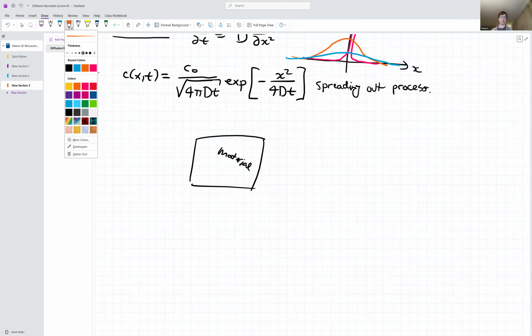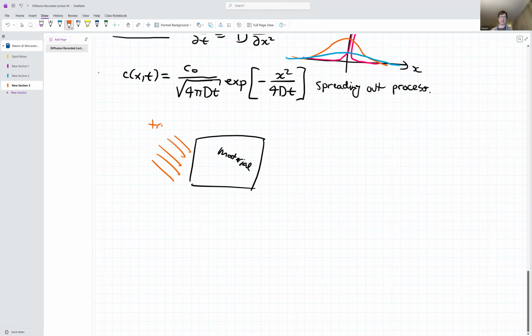Maybe it could be a second atom you want to imbue the material with to make a nice alloy. And what you want to know is how the concentration of that treated material penetrates into the material over time. It'll start just near the surface, and over time it'll spread into the material. Usually you're treating it on one side, on some surface. So you're asking, how does this treatment spread into the material over time?